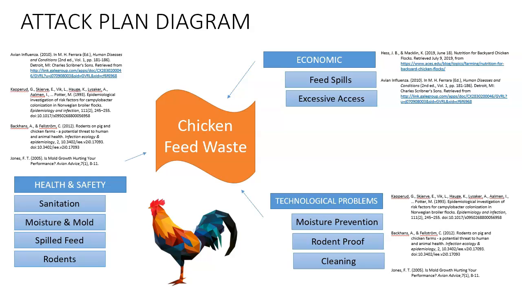In our presentation we were attacking chicken feed waste by an economic approach, a health and safety approach, and technological problems. Then I summarized what each of those ideas was about, and then we have our APA references. This is a lot to fit on one page, but again, you want to be able to address these 3 approaches and their subpoints when you see this as a speaker.